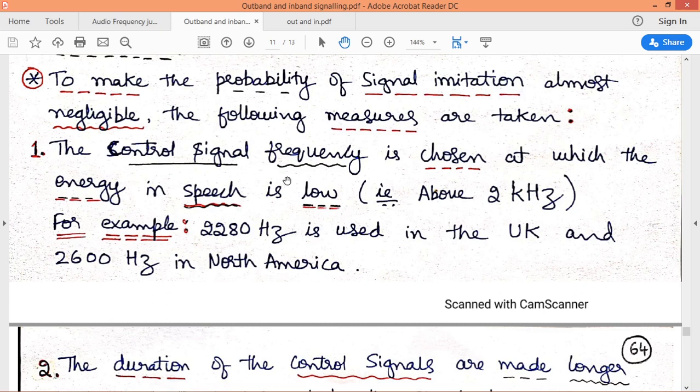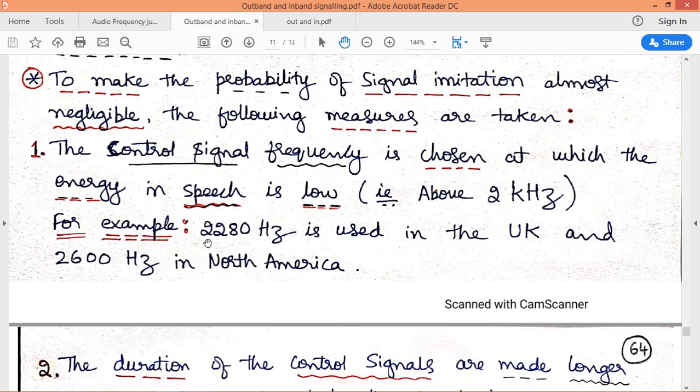We know speech can reside within 300 hertz to 3.4 kilohertz, but generally above 2 kilohertz speech signals are fewer, or the energy of the speech signal is low. In that range we make use of the control signal frequency to operate. So generally we select a control signal with a particular frequency above 2 kilohertz.